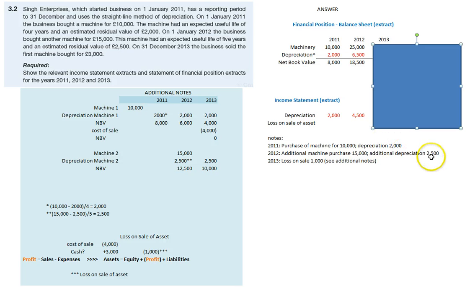Right, so our balance sheet is going to show the total amount of depreciation set aside. 2,000 in the first year, and in the second year, 2012, we add the 2,500 and the 2,000 there. So it's our total provision, right? It's our total depreciation provision.